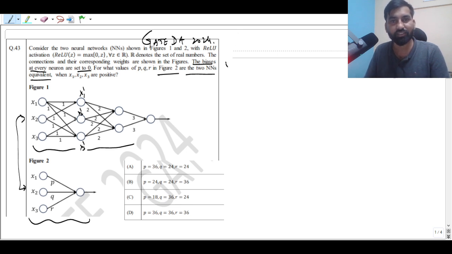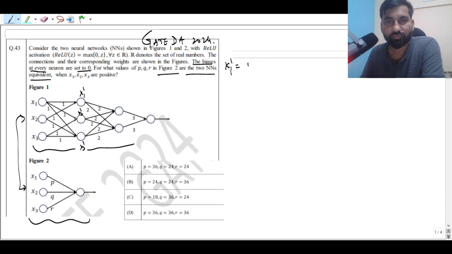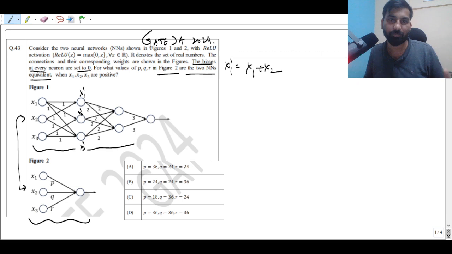So what is x1 dash, guys? x1 dash is going to be x1 plus x2. Why? Because x1 is going to the first neuron, x2 is going to the first neuron, and the weights are one only, simple.